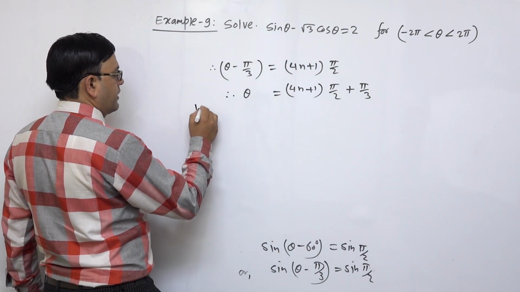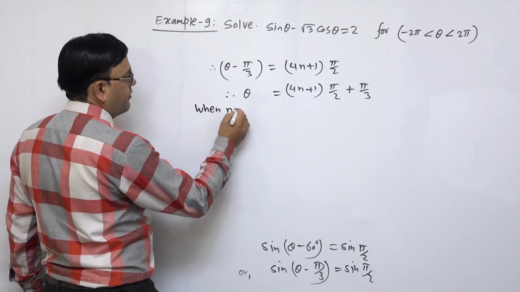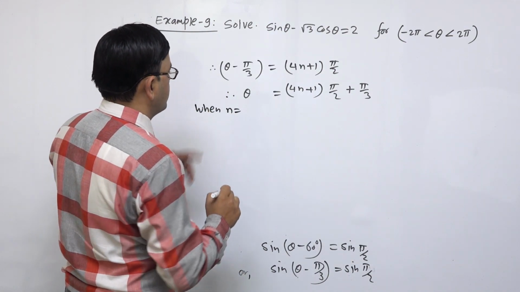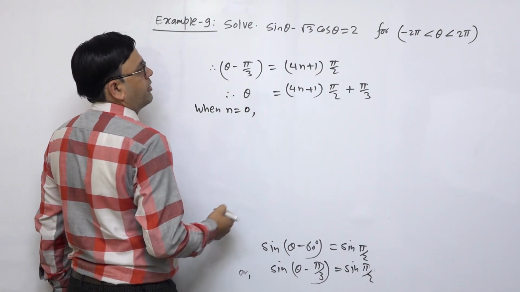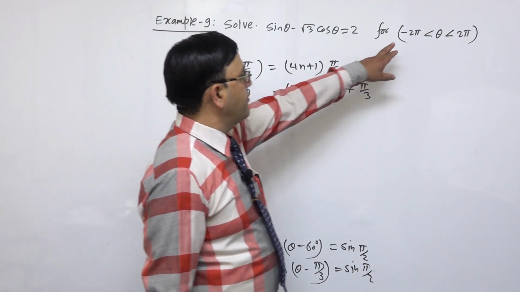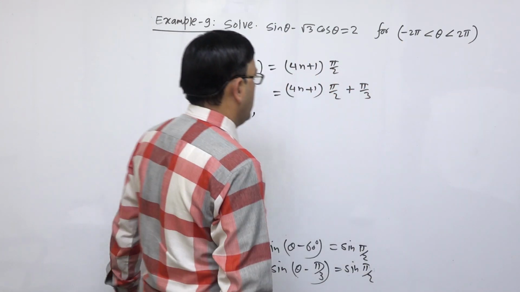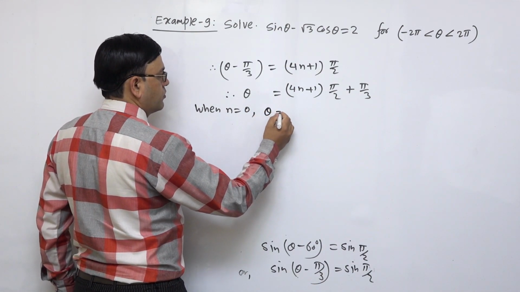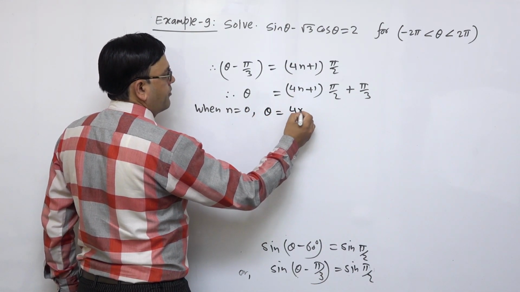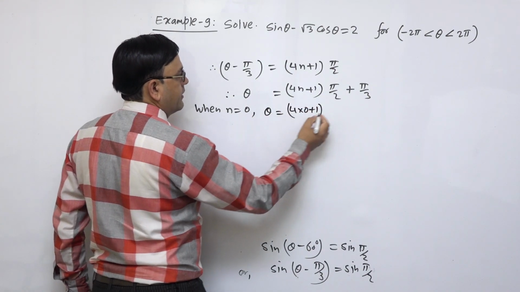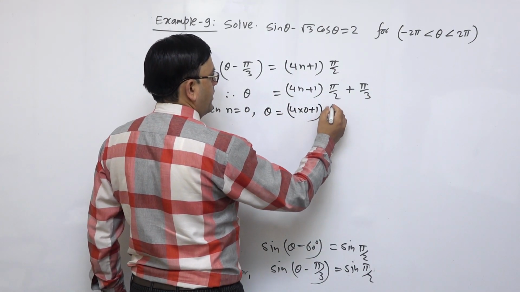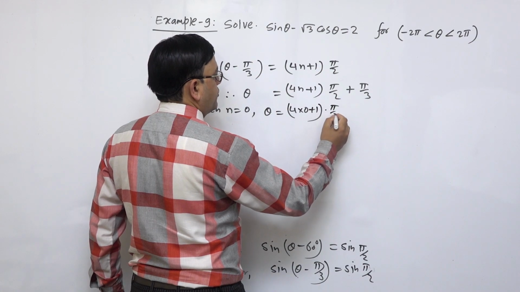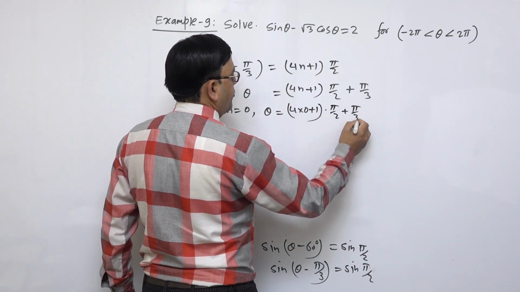Now when n is equal to 0, because we have this condition, theta is equal to 4 times 0 plus 1 times pi by 2 plus pi by 3.